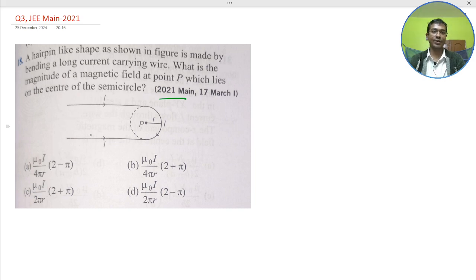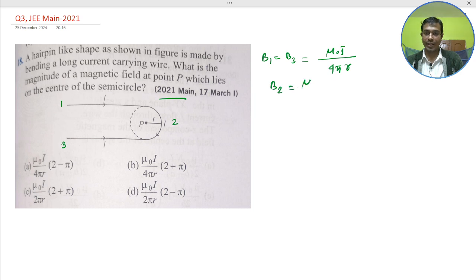For straight wires, I think this is 1, this is 3, and 2 is the semicircle. Here B1 is equal to B3. The straight wire magnetic field is mu naught I by 4 pi r, and the semicircular B2 is mu naught I by 4 r.